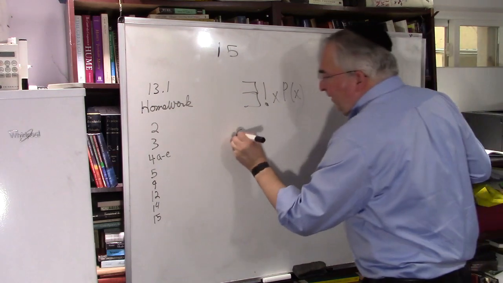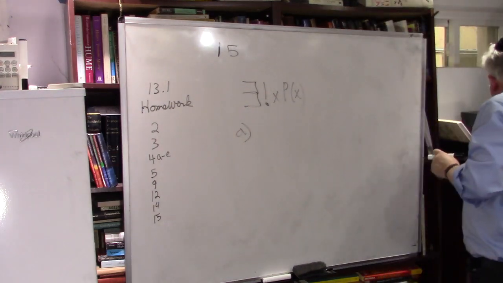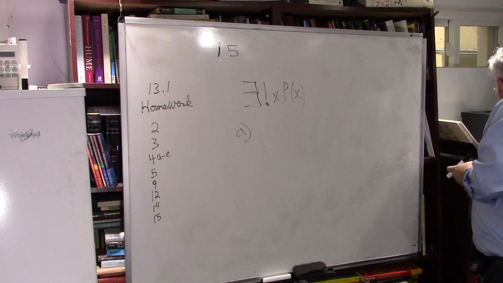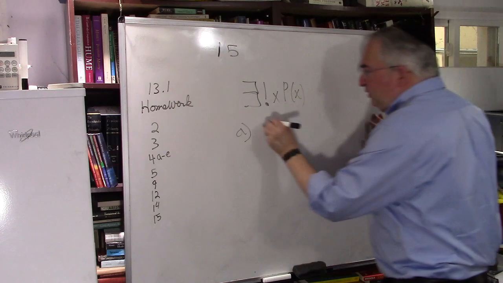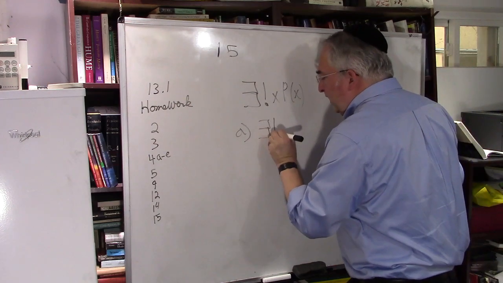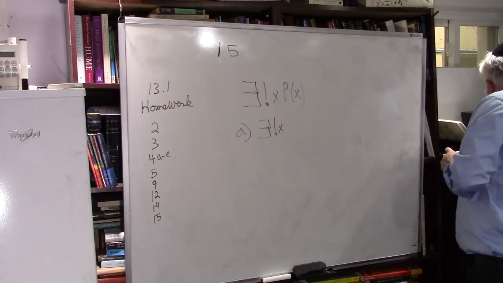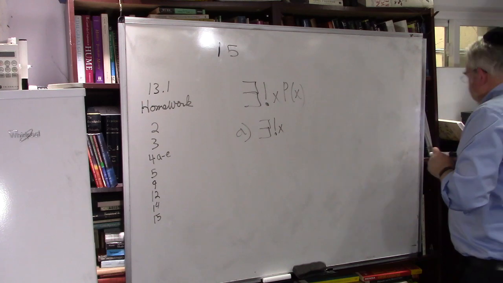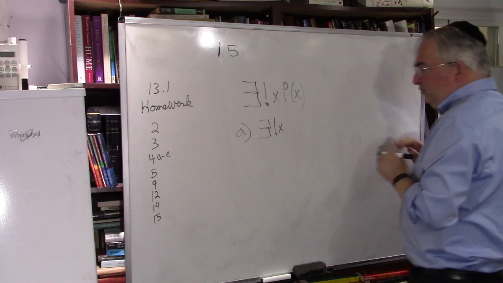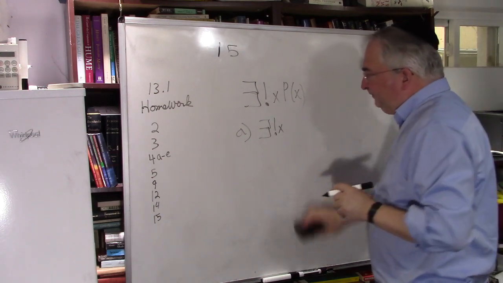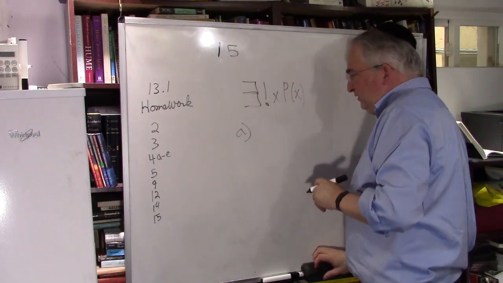Okay, let's do A. I think they want us to state it and tell if it's true. The universe of discourse is the real numbers. I didn't say it right.